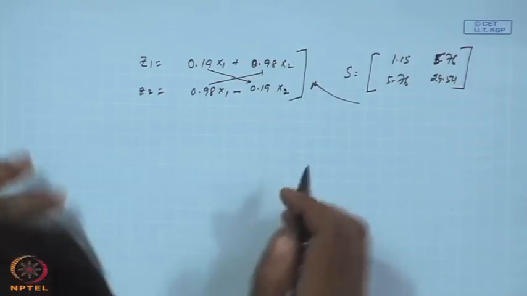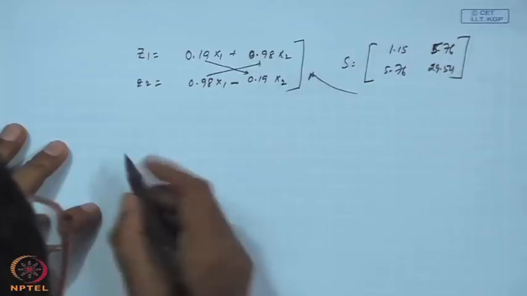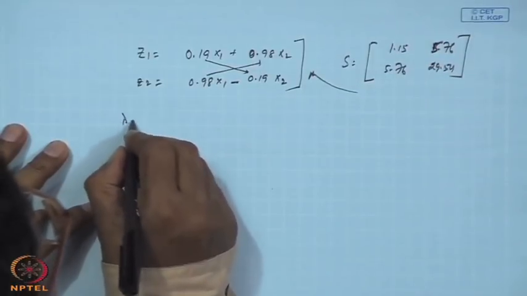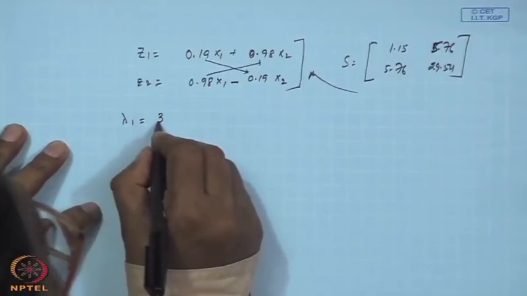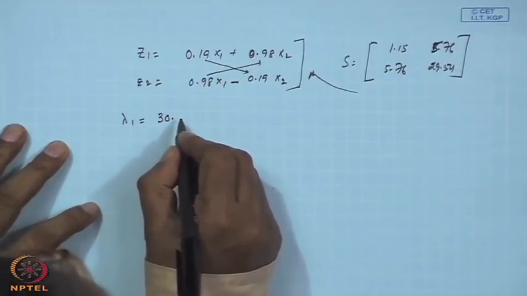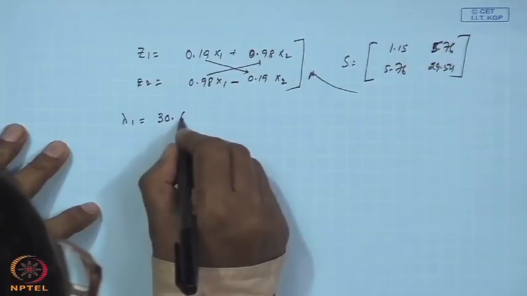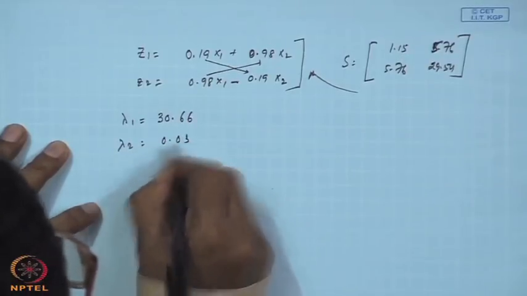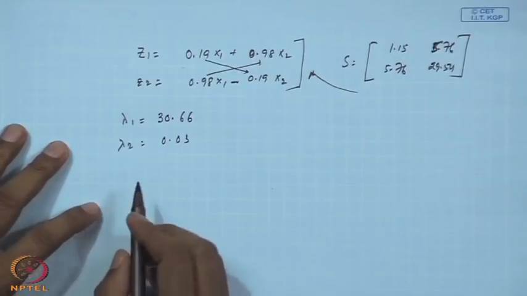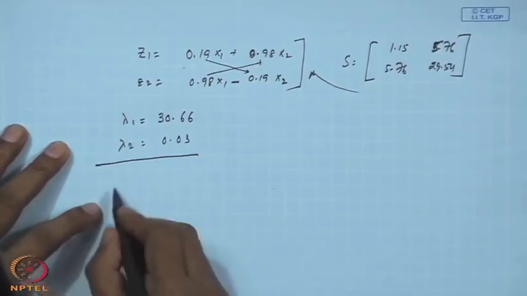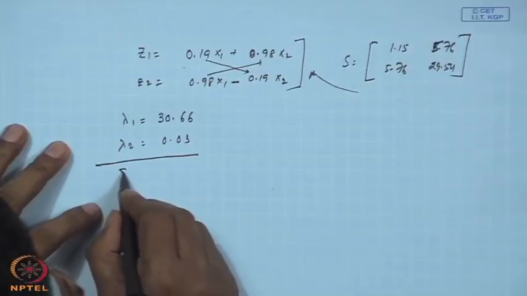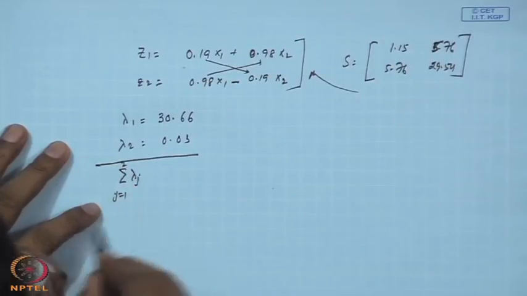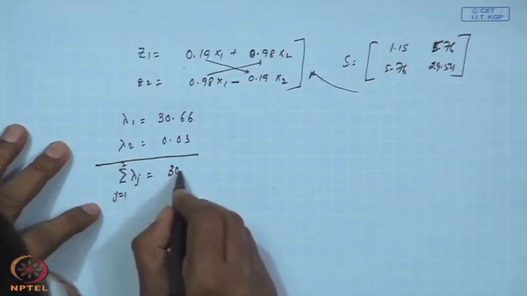Now, under adequacy test, what we want to discuss first, we have identified lambda 1, I think it is 30 point something, 30.66 probably, and lambda 2 is 0.03. Okay. Then the sum total of lambda j, j equal to 1 to 2 here, equals 30.69.